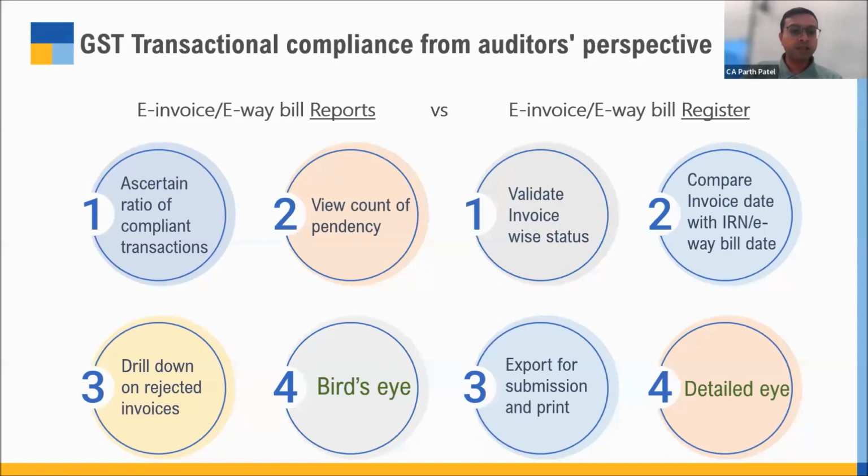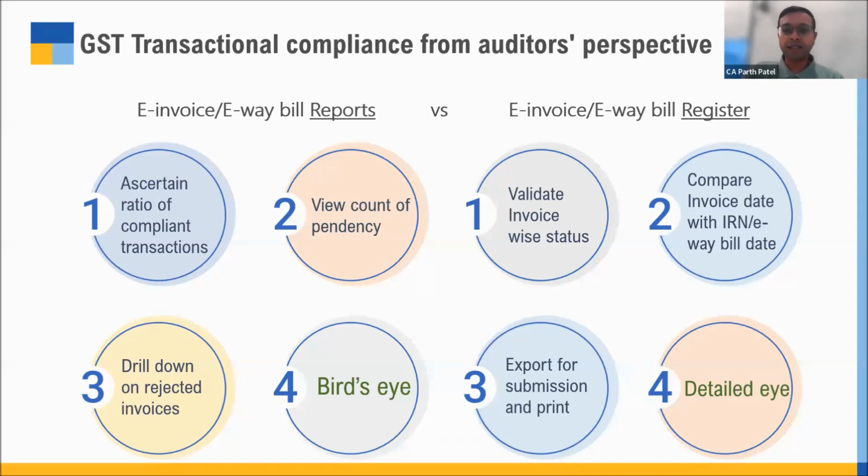You will be able to ascertain the ratio of compliant transactions. You will be able to know the count of pendencies. You will be able to drill down on the rejected invoices, wherein somebody made a mistake or there was some other non-compliance involved. So for the invoice or e-way bill reports, as an auditor, you will be able to get the bird's eye view of a compliance scenario of a particular client.